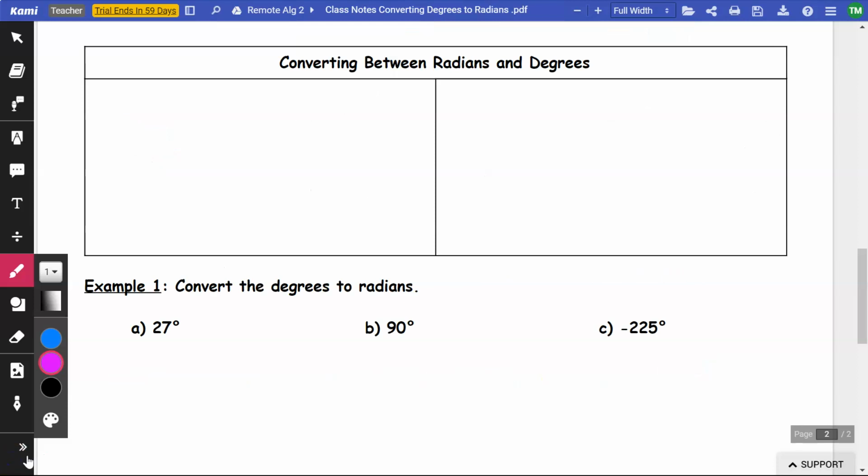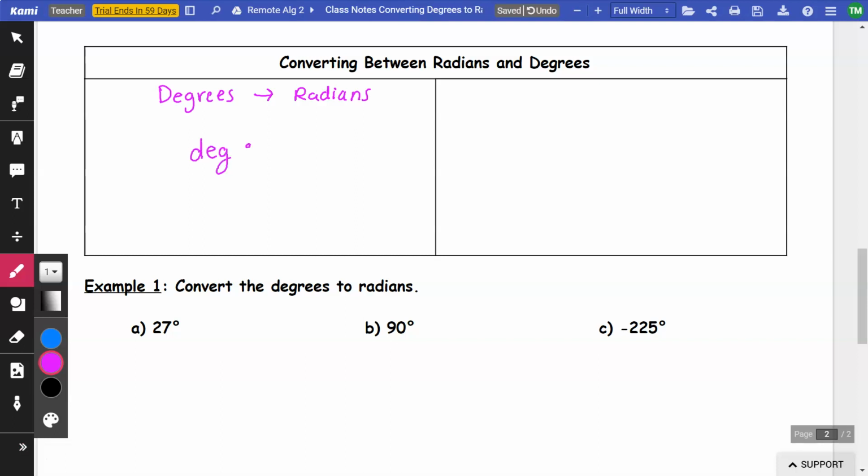Since we can go back and forth between radians and degrees, we need to be able to represent the same angle measure in either radians or degrees. So if I want to convert degrees to radians, all I have to do is take the degree measure of my angle and multiply it by pi radians over 180 degrees.